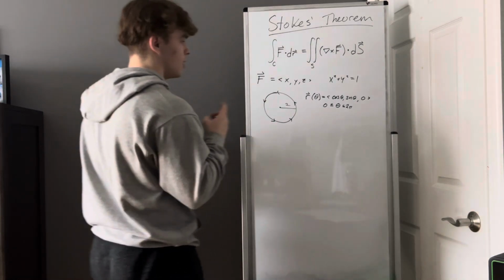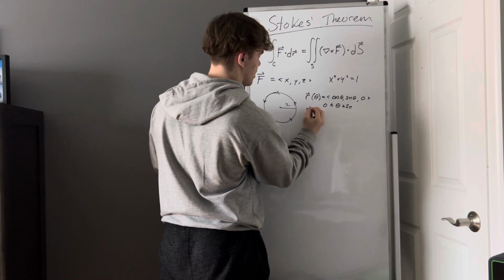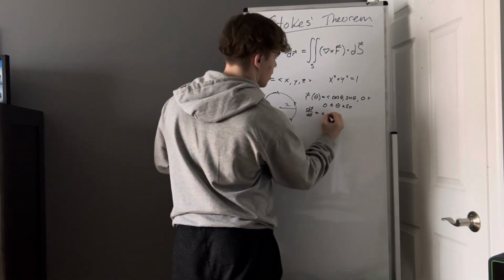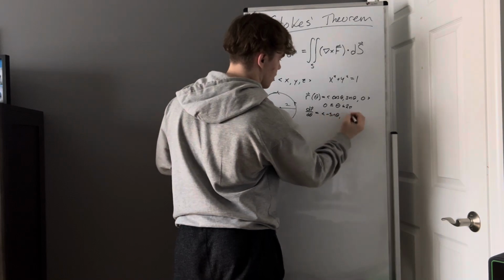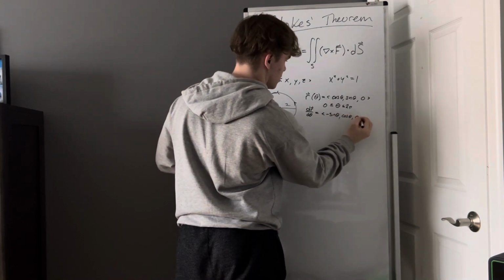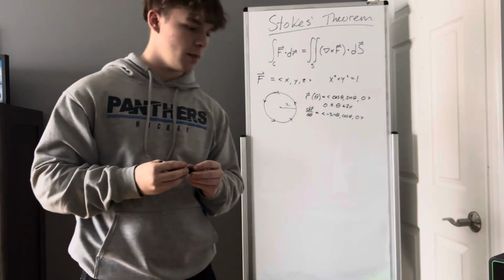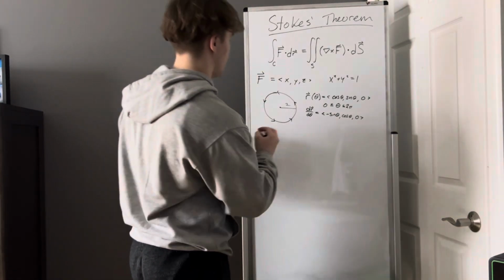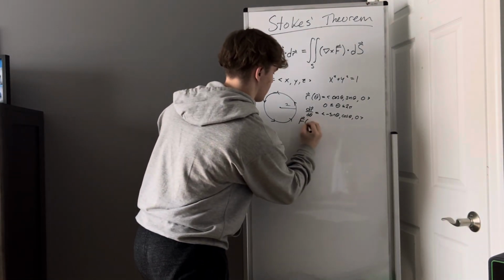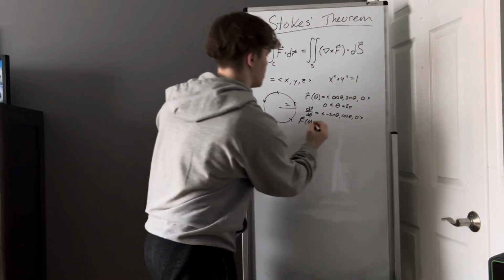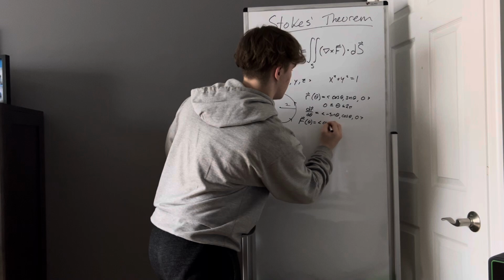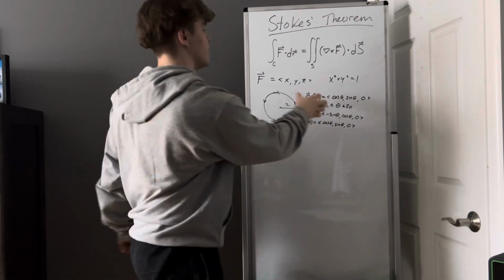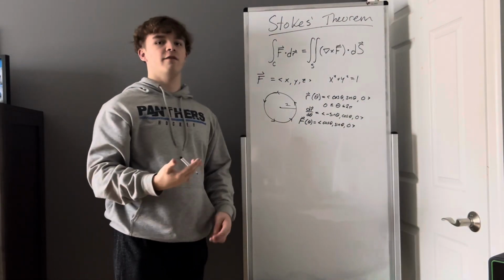Okay, let's get into it. dr d theta is just equal to negative sine theta, cos theta, 0. Okay. So let's take our F in terms of theta, and this is just cos theta, sine theta, 0. It will be exactly like this since we just have this very simple xyz vector field.